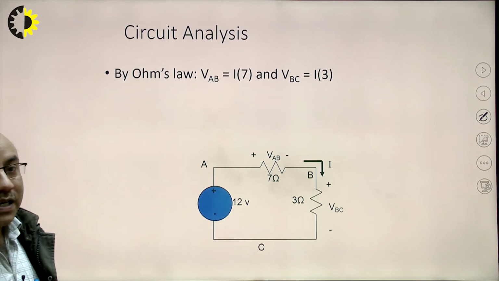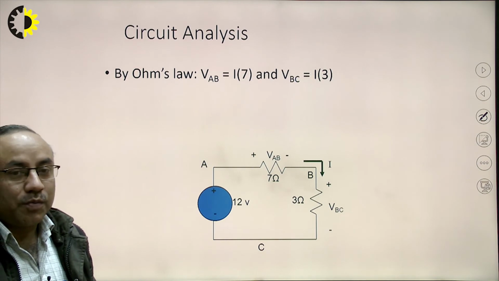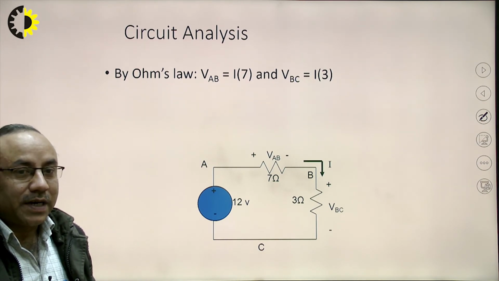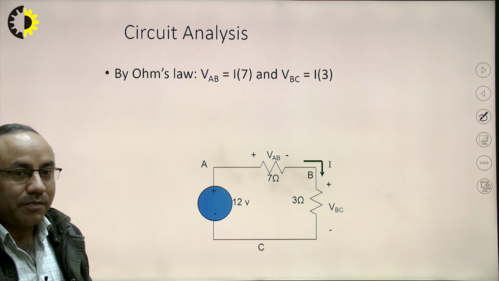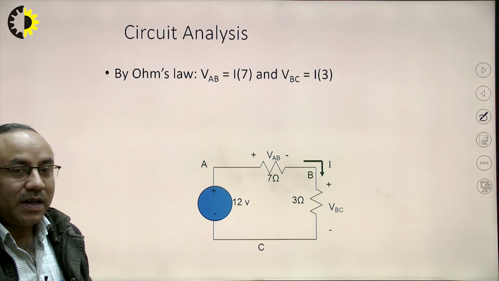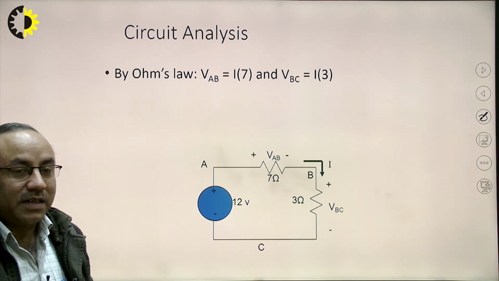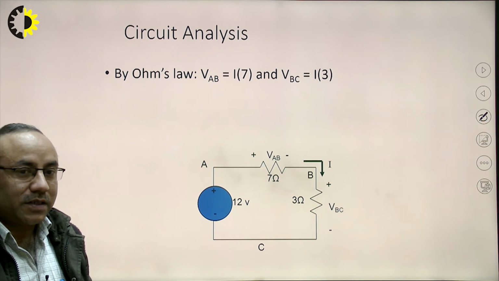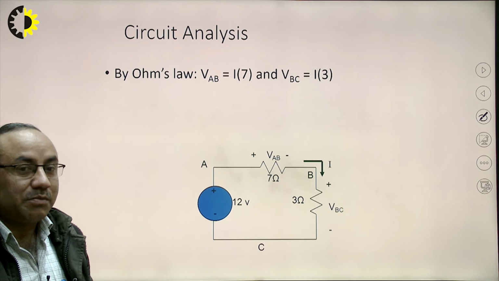So, a current I is passing in this loop or closed path, and due to that the voltage drops take place across the 7 ohm resistance, which we represent by VAB, since it is connected in the branch AB, and similarly the voltage drop across 3 ohm, that is VBC, since it is connected in the branch BC.